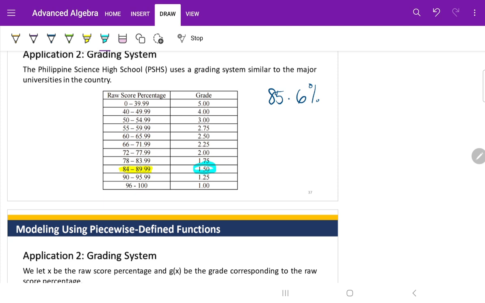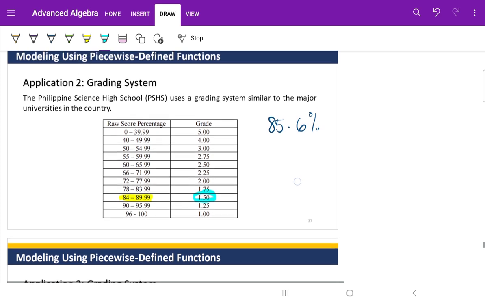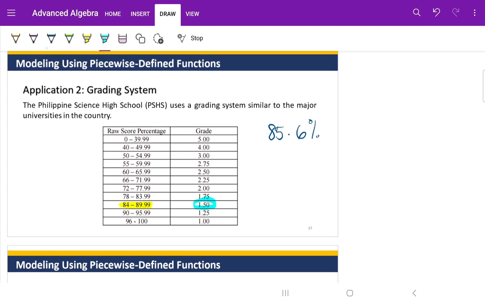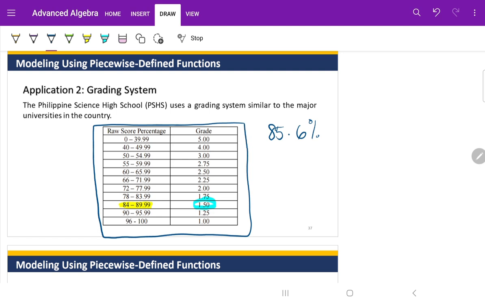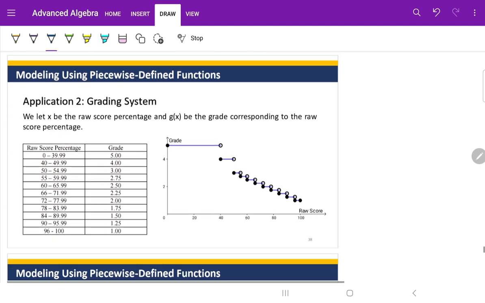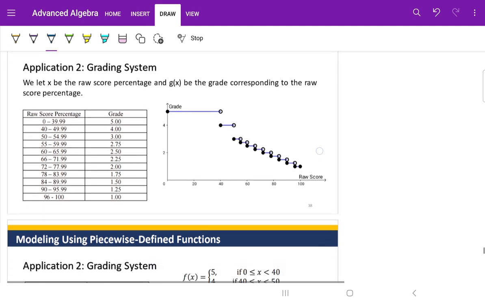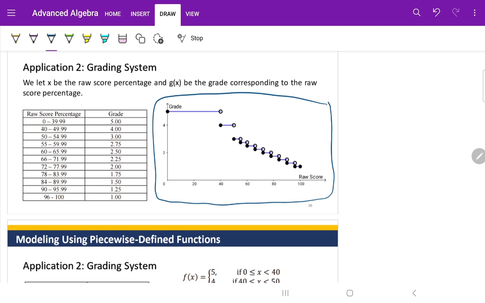So let's create a piecewise defined function that can model this entire table. If we let x be the raw score percentage and g of x be the grade corresponding to that raw score, then we can plot this in our Cartesian plane, as shown.